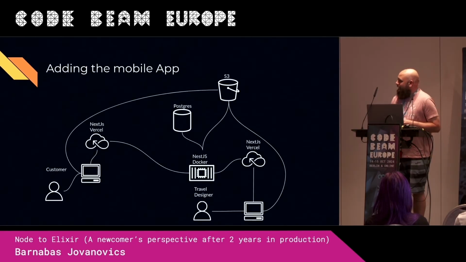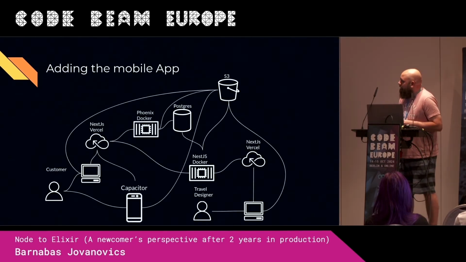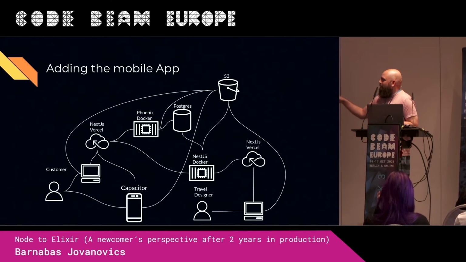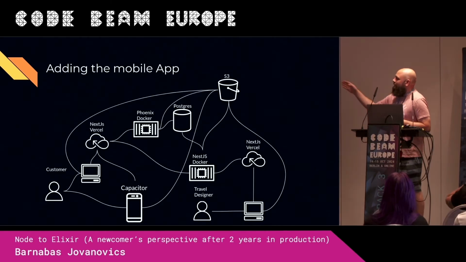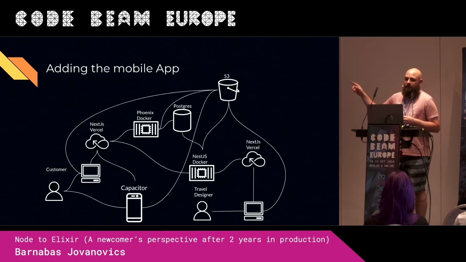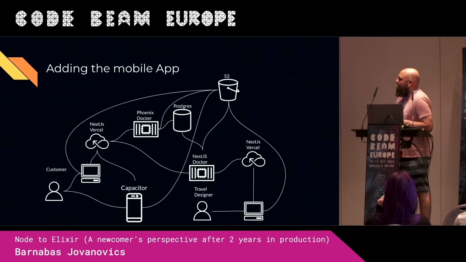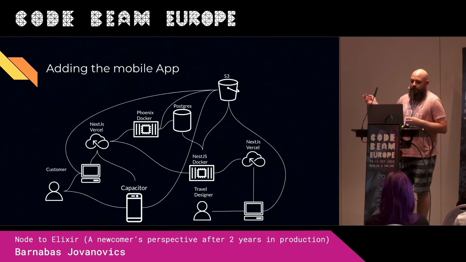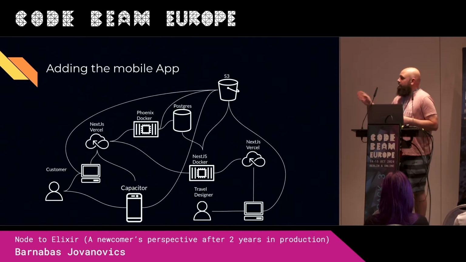So the next thing was adding the mobile app, and we did this by introducing the Elixir server and the Capacitor app. The Capacitor app wrapped a new endpoint that we added to the Next.js app, and that part would exclusively talk to the Phoenix Docker container and would read data from the Postgres database and expose that to the front end with a GraphQL API.